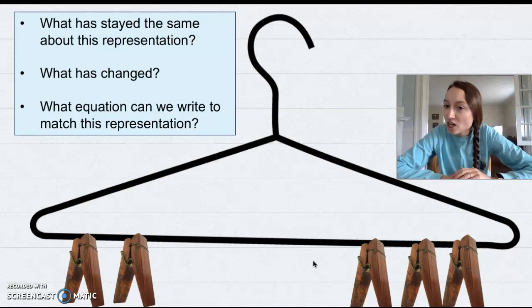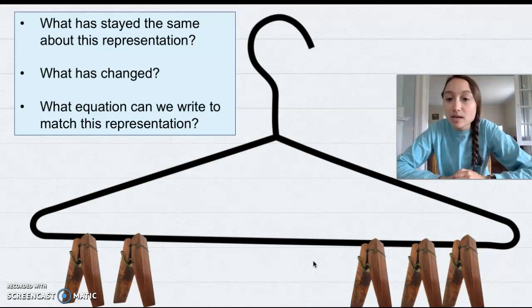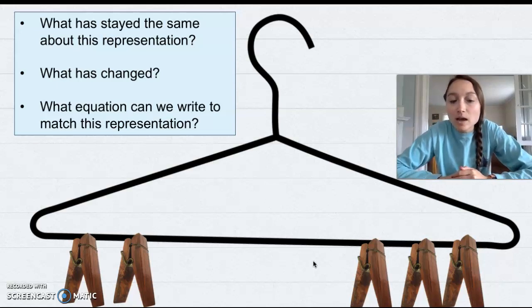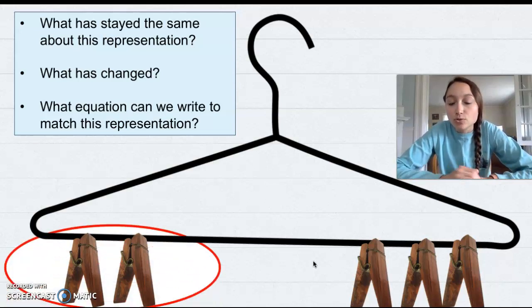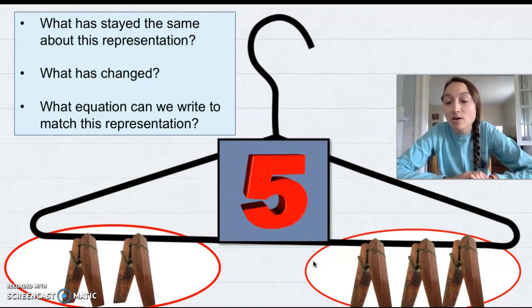What do you notice has changed? Oh, it's still the same number of clothespins. There's still 5 altogether. We've just switched the order in which the clothespins appear. Instead of the group of 3 being first, now there's a group of 2 and adding 3 more. 2 and 3 more makes 5 altogether.